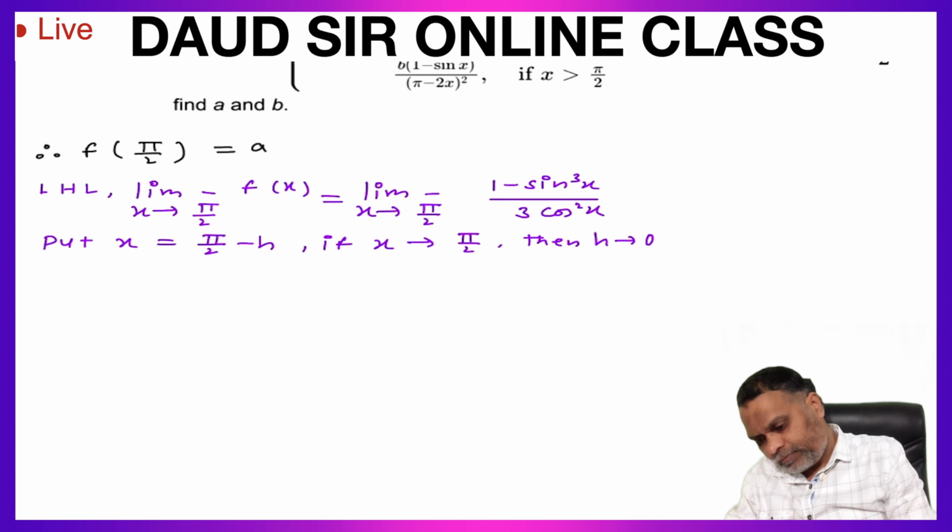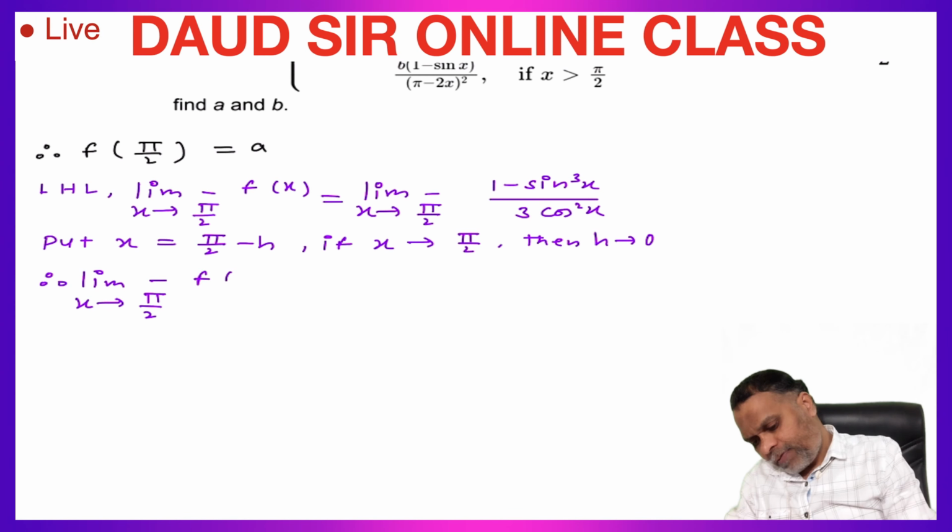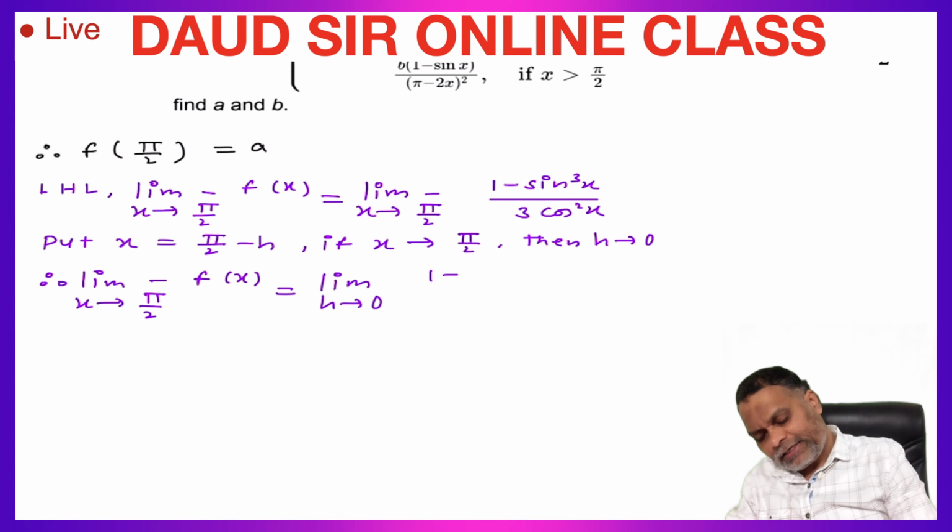Therefore, left hand limit will become limit x tends to pi by 2 minus f of x is equal to limit h tends to 0, 1 minus sine of (pi by 2 minus h), and we can put whole cube here.